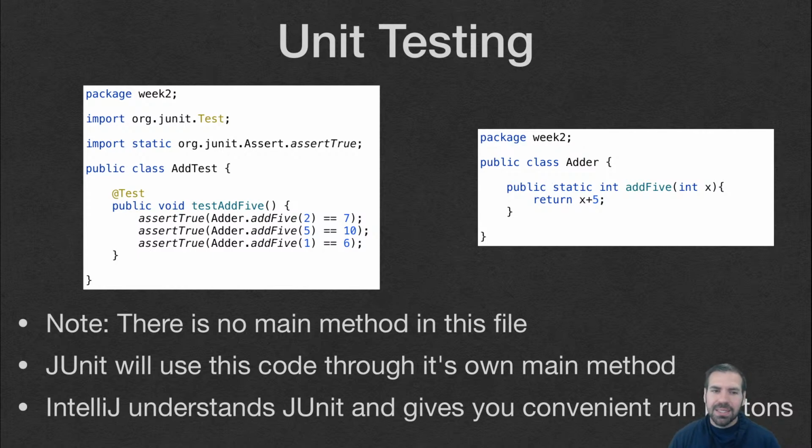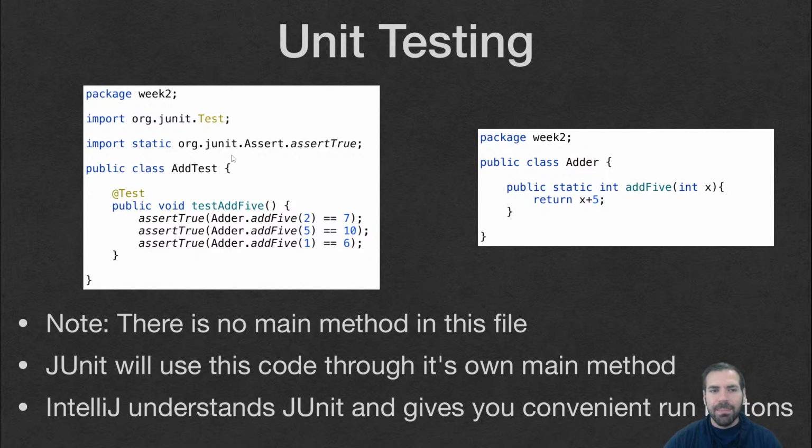So there is a main method for this program. It's just invisible to us. In IntelliJ, it gives us these convenient run buttons because IntelliJ understands what JUnit is and how to set up JUnit. But to actually run JUnit, we're running a class in the JUnit library, the test runner, which has a main method.